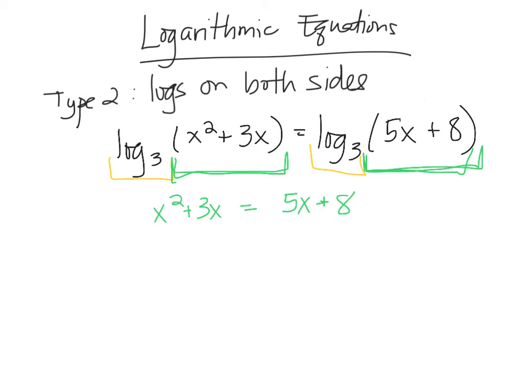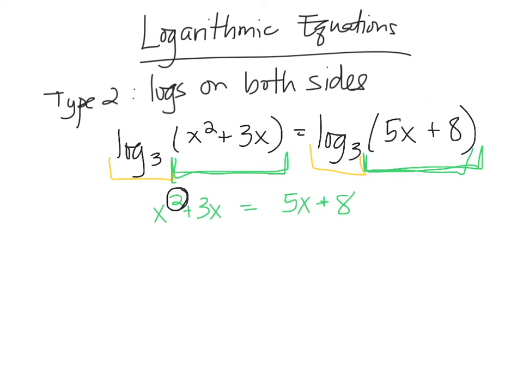Okay, so now how do we solve this? Remember, the highest exponent, or the degree, is 2, which means there should possibly be 2 solutions. When there are 2 solutions, 9 times out of 10, you can factor. You might use a square root on some occasions, but you can always factor.